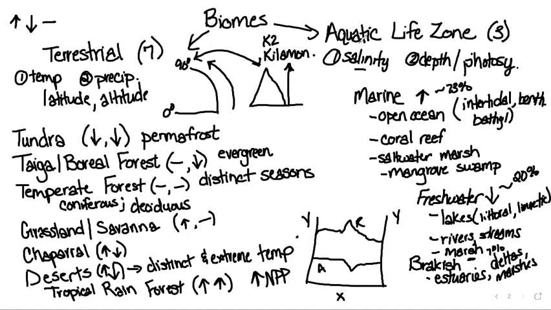One last thing to remember with your aquatic life zones. One of the defining characteristics is going to be your depth or your photosynthetic activity. That's really going to help you determine specific ecosystems within these locations, like the oceans. So in an aquatic ecosystem, you have basically two layers. You have one layer that allows light to penetrate through.